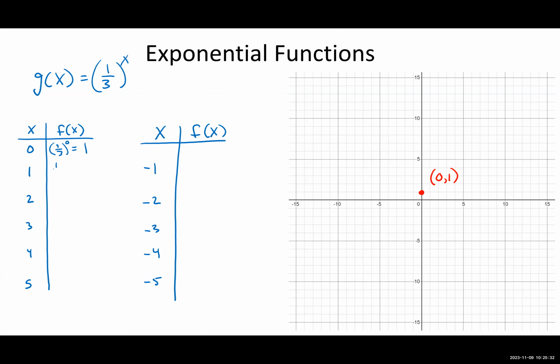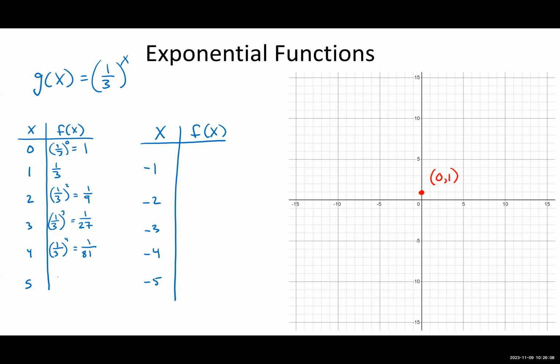When x is 1, you get (1/3) to the first power, which is 1/3. When x is 2, you get (1/3) to the second power, which is 1/9. 3 times 3 is 9. When x is 3, you get (1/3) to the third power, which is 1/27. 1 to the third is 1. 3 to the third is 27. (1/3) to the fourth power is 1/81.